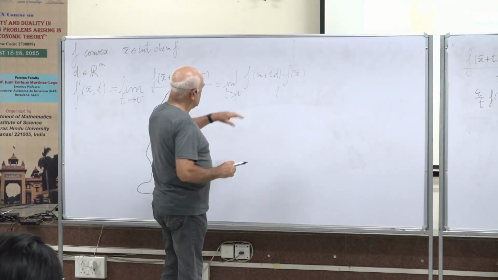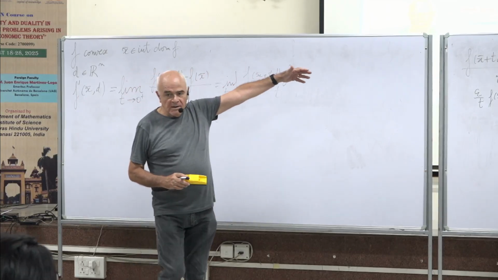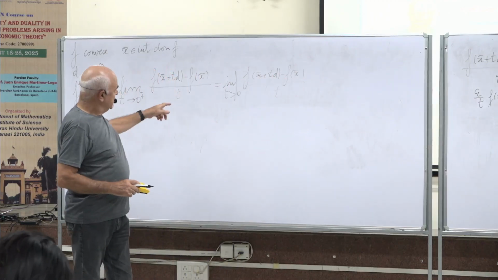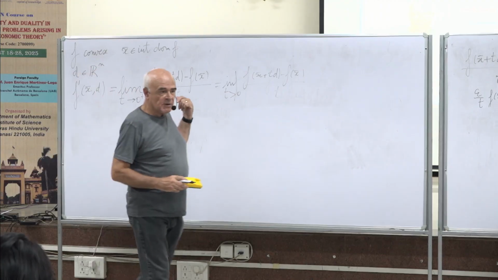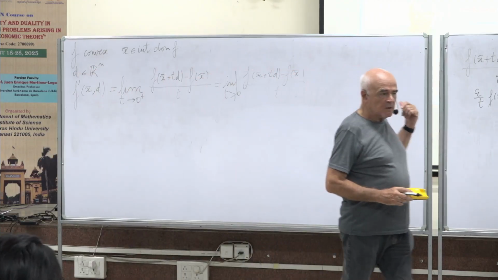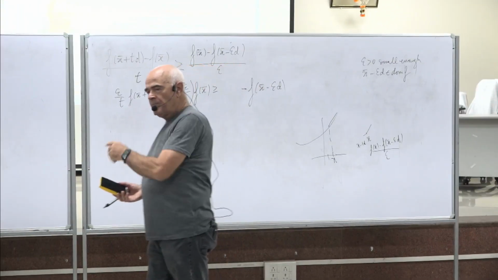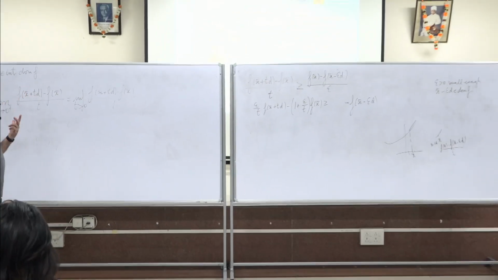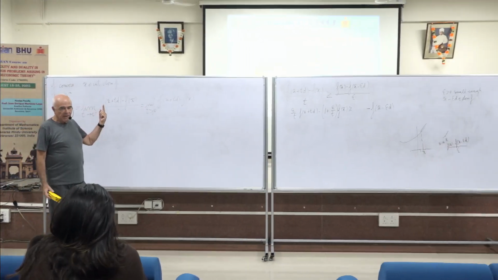But the point is that this is bounded from below. If you believe me that this proof can be repaired, then the infimum is a finite number, so the one-sided directional derivative always exists. And what we are going to see when we continue, first of all, I will try to repair this proof, but later on, I will show you the strong relationship existing between directional derivatives and subdifferentials.